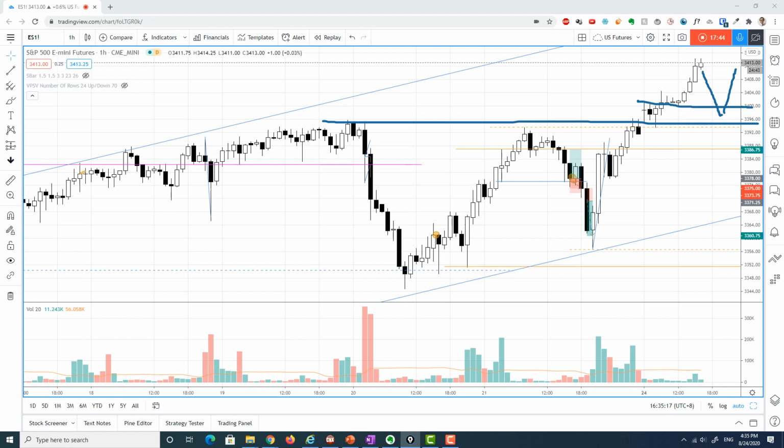So for my trading plan, I'll look out for a potential reversal around the key level at 3400. Otherwise, I will watch how the price interacts with the 3430 level if it reaches there. All right, so definitely bullish, and we'll see how it goes.